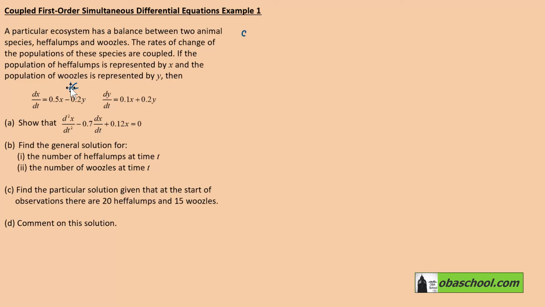And if I do that, I get d²x/dt² is 0.5 dx/dt, take away 0.2 dy/dt. So d²x/dt² is 0.5 dx/dt, take away 0.2, dy/dt is 0.1x plus 0.2y.